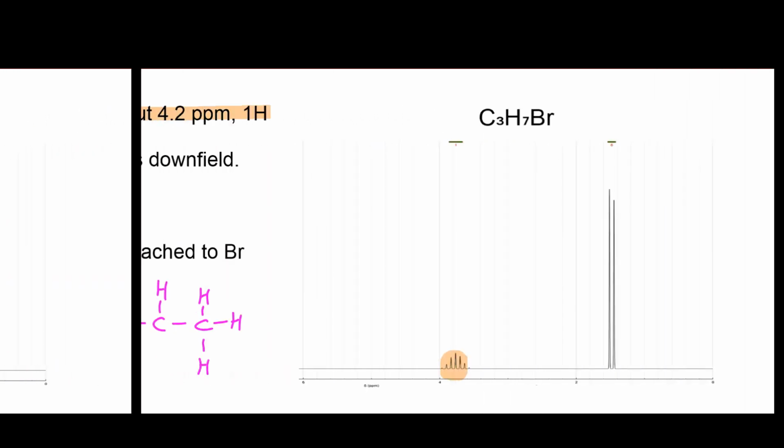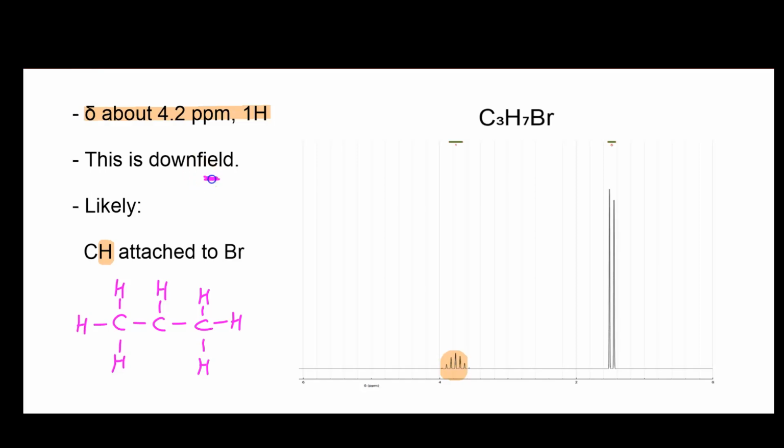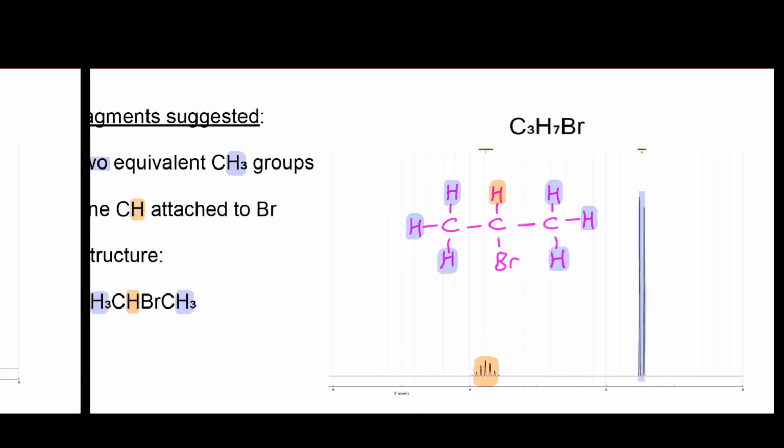The 1-hydrogen signal appears fairly downfield because that proton is on a carbon attached to bromine. Bromine is electronegative, so the CHBr proton is deshielded.